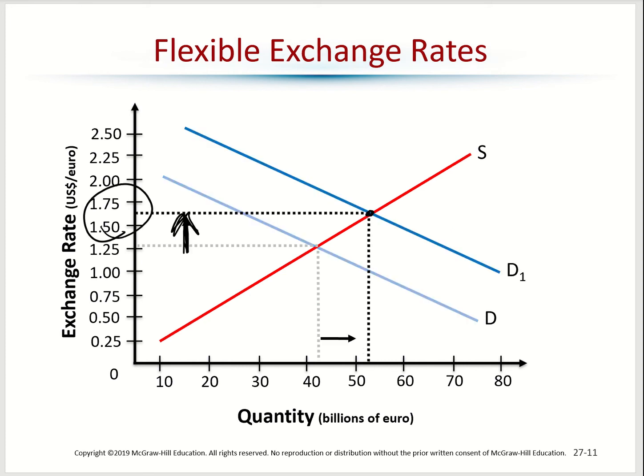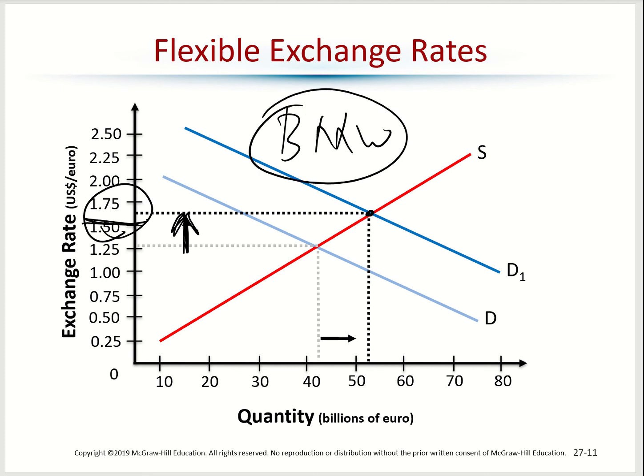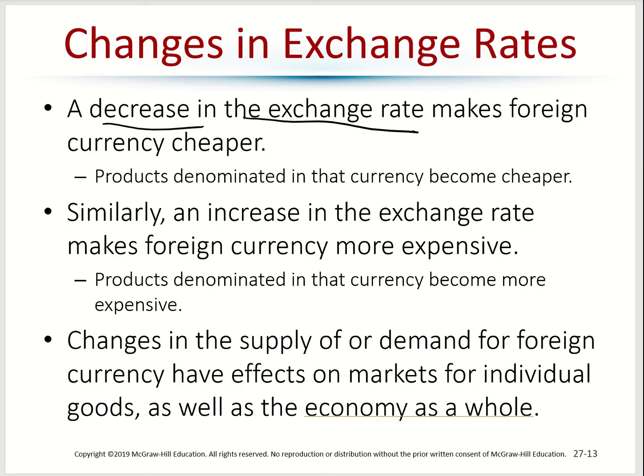If you have an increasing exchange rate, this can be very bad for your export market, because at a higher exchange rate, let's say for BMWs, their cars just become more expensive for US consumers, right? So whenever this exchange rate changes, it will definitely cause a change in your trade market. So it will make the imports and exports either cheaper or more expensive.